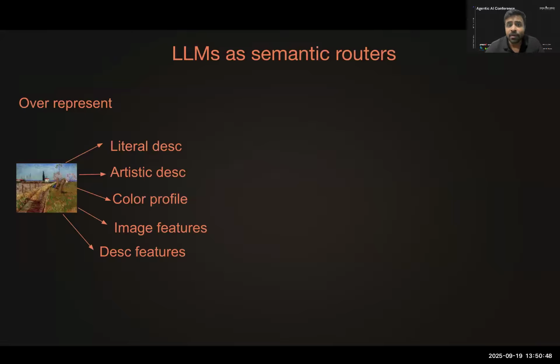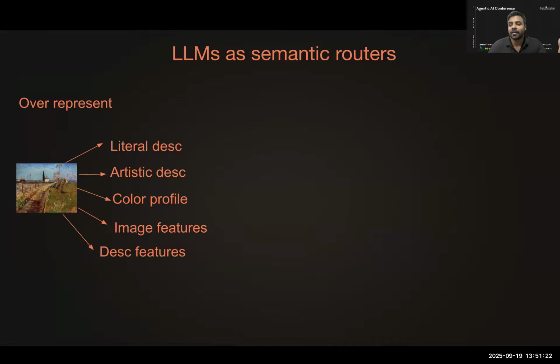So what we have first is representation. We get an artwork, and now think of how many ways you can represent it, right? You can have its literal description, what it describes literally. Like you can say there's a pathway across the fields, and you can see a house or something like that across the painting. There's an artistic description. Now I don't know what an artist would say, what kind of mood it evokes, but generally something artistic, a prose.